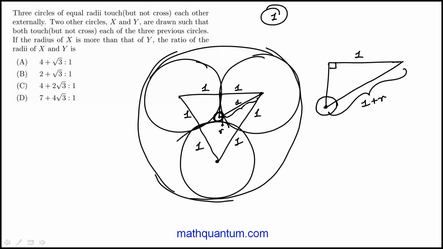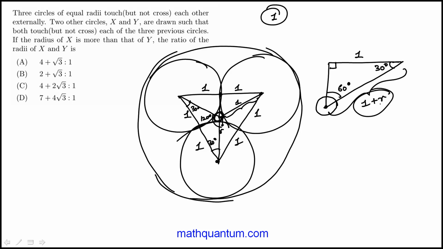This is 90 degrees. And also, if I were to connect all three, each one of these segments will be 120. And that means these angles here will be 30 each, because that's an isosceles triangle. So here, that's 30. So this is our 30, 60, 90 triangle.